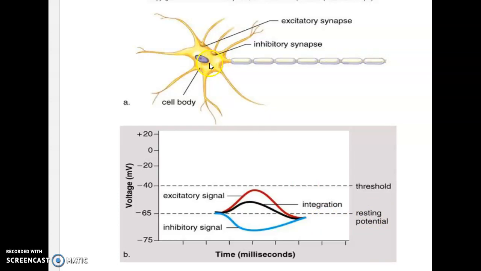Well, what is it that is leaking out at all times? What's leaking out at all times is potassium. Since potassium is a positive ion and it's leaking out, it's going to give us a very negative number. Now, I have a bunch of potassium leak channels all over this cell where potassium is constantly leaking out.